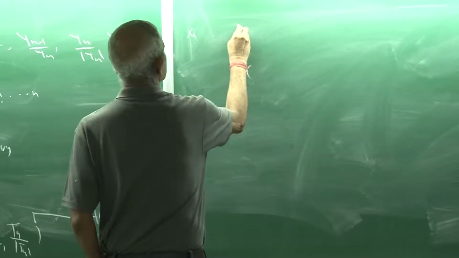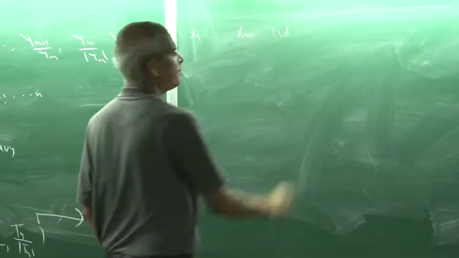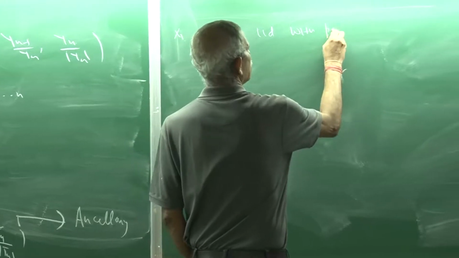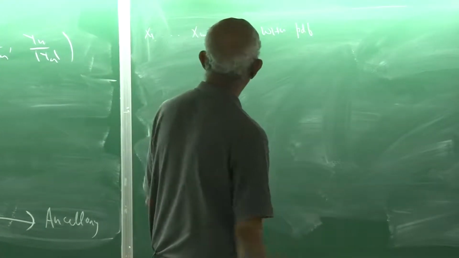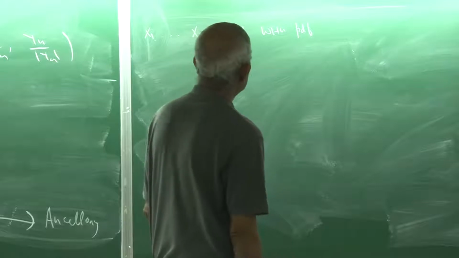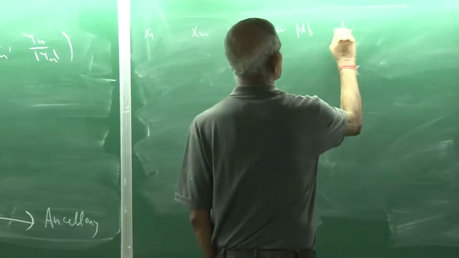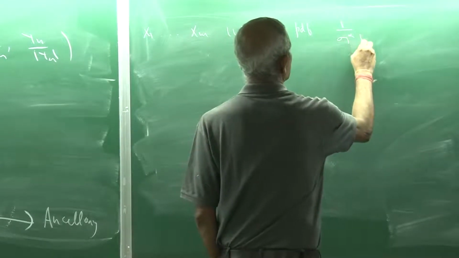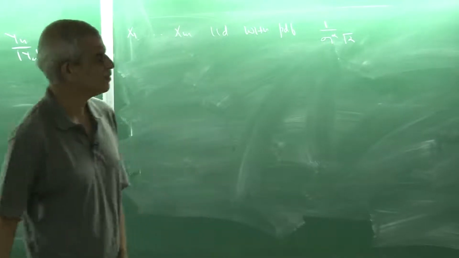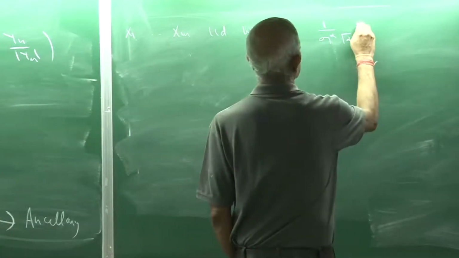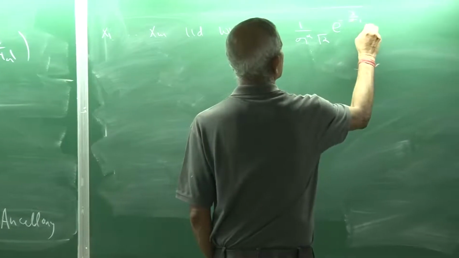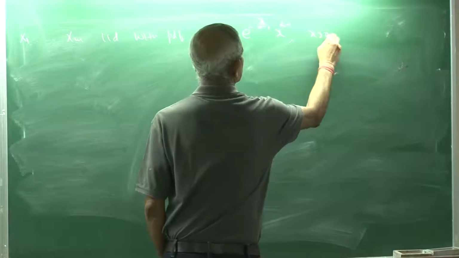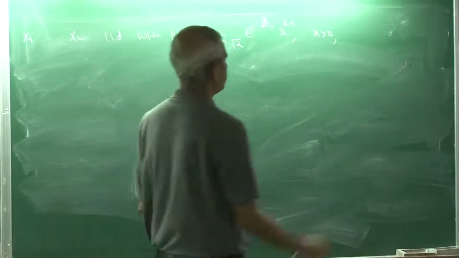So suppose x1, x2, ..., xm are IID with PDF 1 by sigma 1 to the power alpha, gamma alpha, e to the power minus x by sigma 1, x to the power alpha minus 1, x positive, sigma 1 positive.